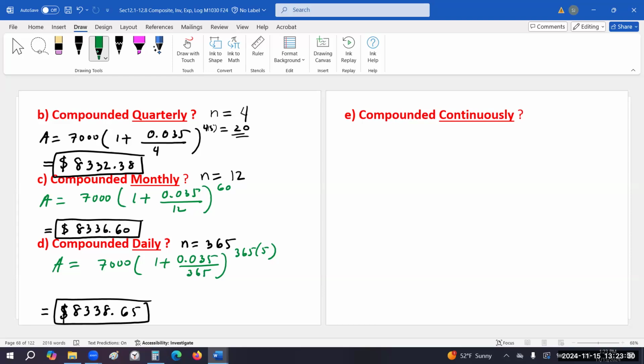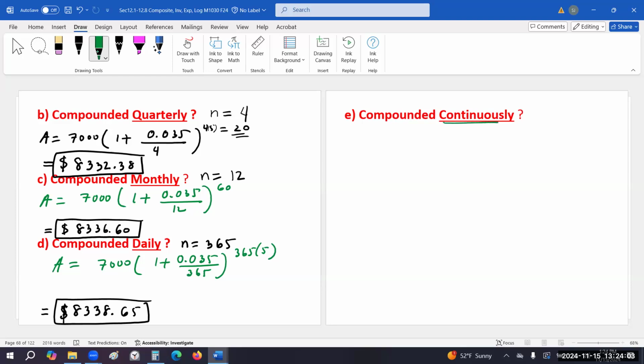You can simplify it in the calculator, and the calculator will tell you how much it is. I don't want to see all those steps, I want to see this one. If you do the steps, it's up to you. I'm not going to punish you, but what I require is these two things: substitution and answer.